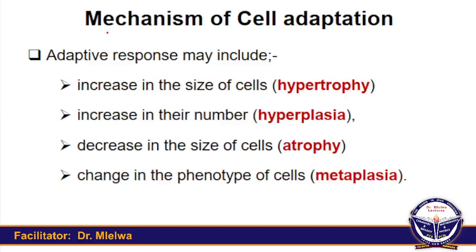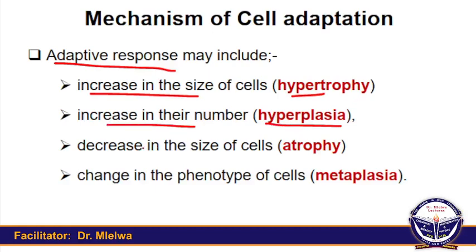Mechanism of cell adaptation. Adaptive response may include increase in size of the cell, which we call hypertrophy, increase in the number of cells, which is hyperplasia, decrease in the size of the cell, which is atrophy, and changes in the phenotype of the cell, which is metaplasia. You see?